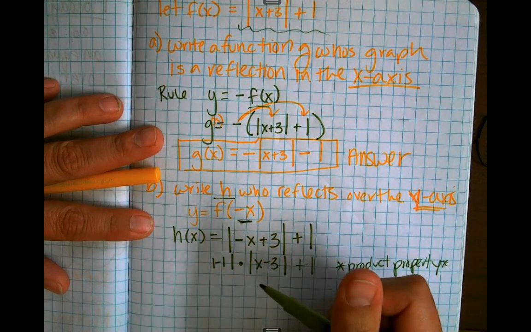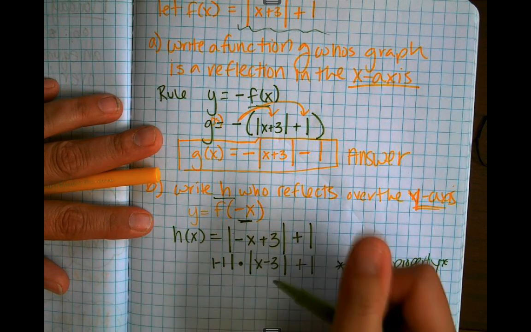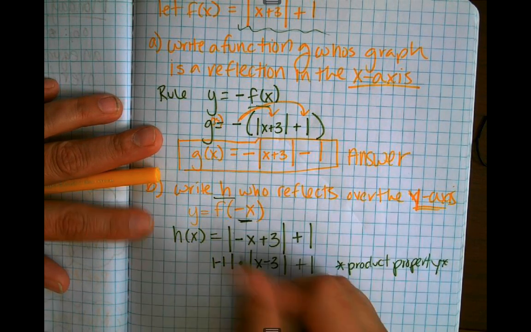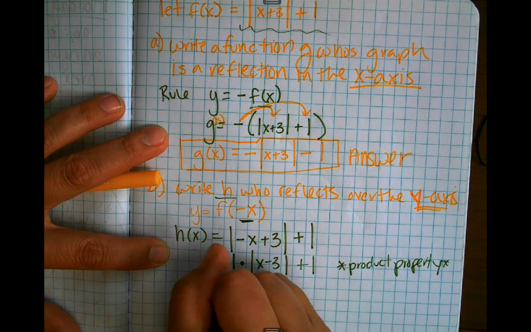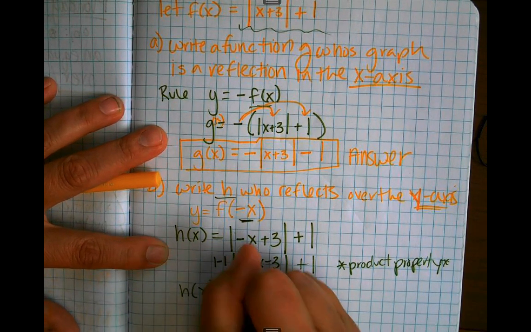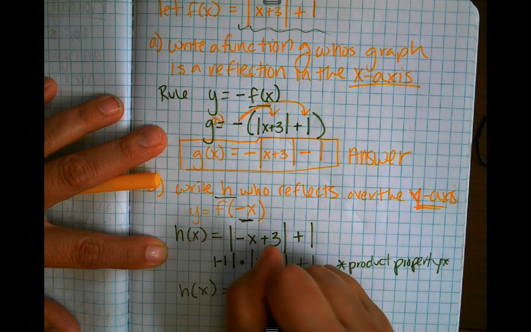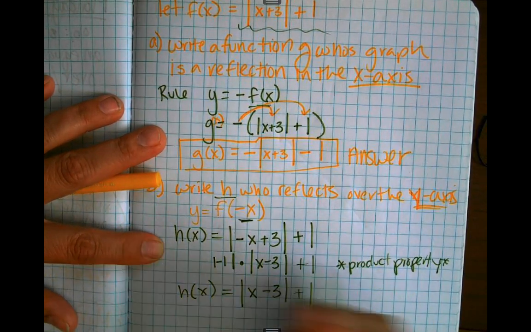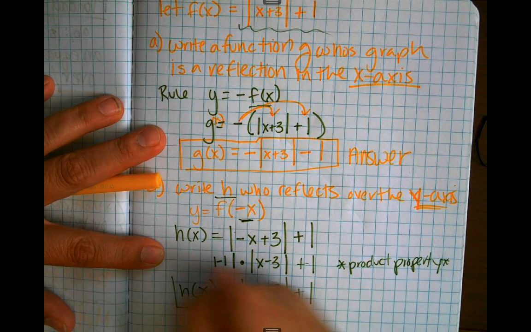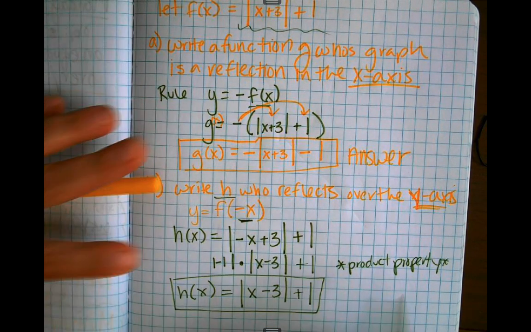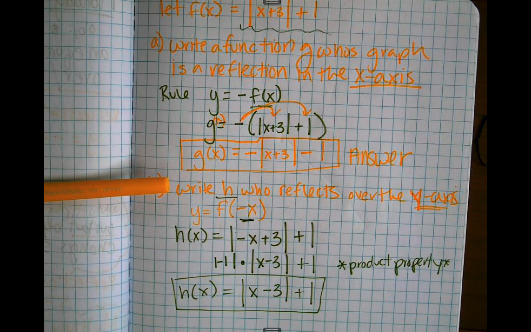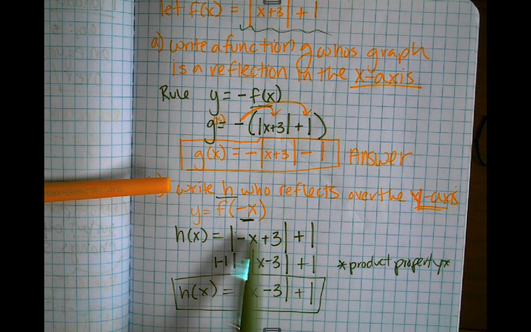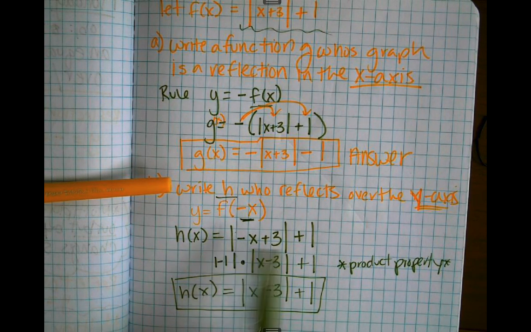I'm just going to tell you when we go over these to change everybody's sign inside if you have a negative, because that's basically what you're doing. So your final answer is h of x equals the absolute value of positive x minus 3, plus 1. This would have been something they would have taught you in Algebra 1, but I'm not sure we always get there due to time. But basically, just change the signs inside if your variable ends up with a negative, and then you'll be okay.